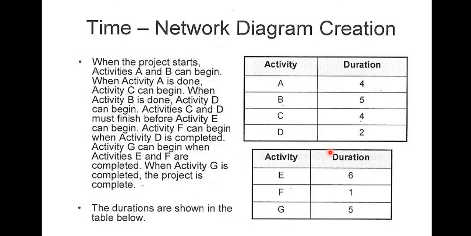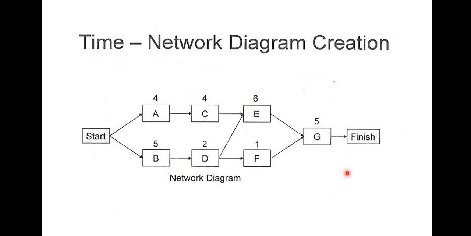So look at this. These are the durations, and you can see it's all labeled here. So how do we now identify the paths? A path simply means if you pick it from the start button, you can go all the way to the finish button through that path.